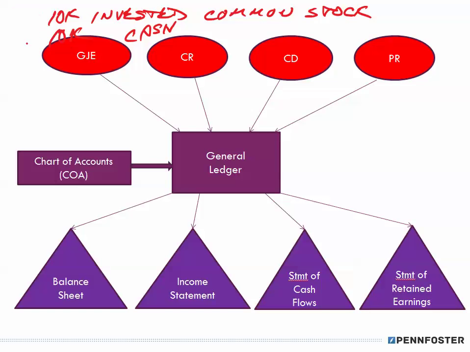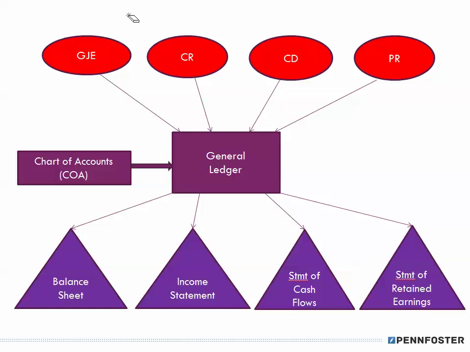Well, let me go the other way. $10,000 of cash was given to the business, okay? And that was a debit. And I had a credit to common stock of 10,000, okay? Let me quickly talk about formatting.